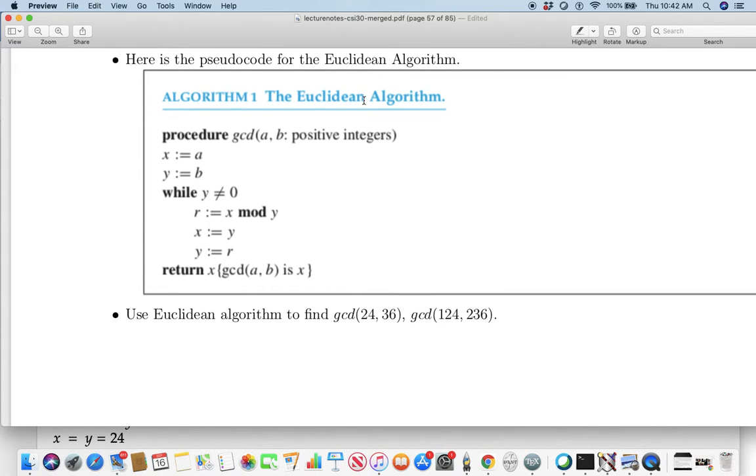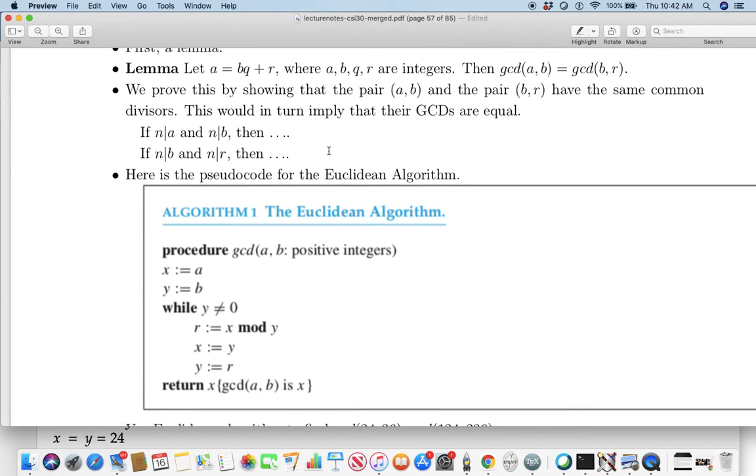All right. So here is the Euclidean algorithm. Start with your positive integers a and b. Call x to be a and y to be b. As long as y is non-zero, look for the remainder when x is divided by y. Now instead of checking for a and b common divisor, you are looking for b and r common divisor.